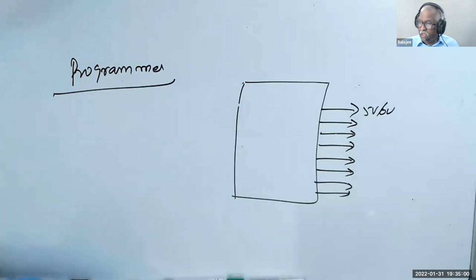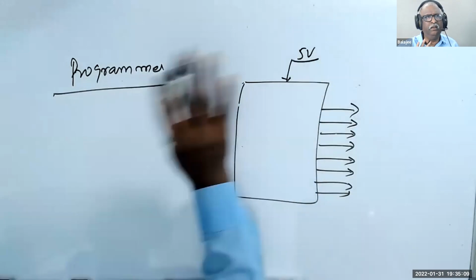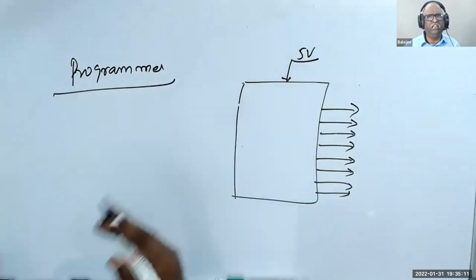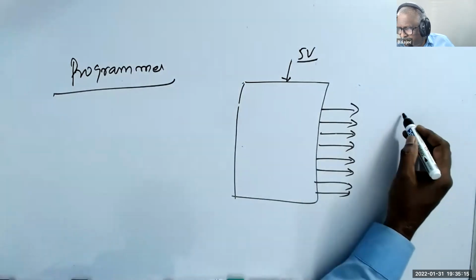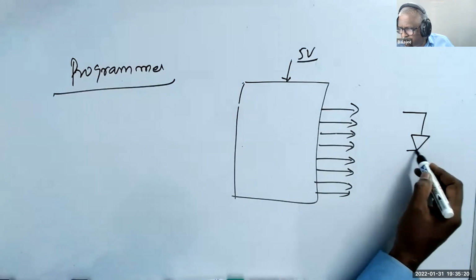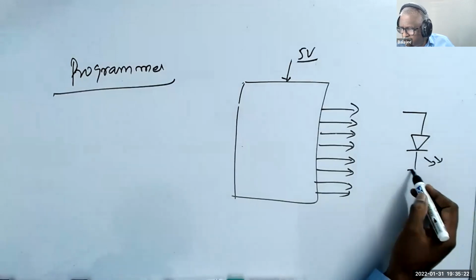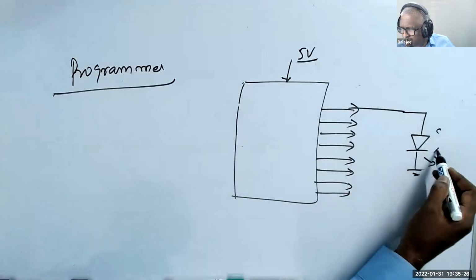But now I can do anything outside. Let us assume a very small application. Let us say this is a 5 volt microcontroller. Assuming that, you have a lot of things nowadays, 3.3 volts, everything. I have an LED. I connected it here. Now this is the cathode, this is the anode.